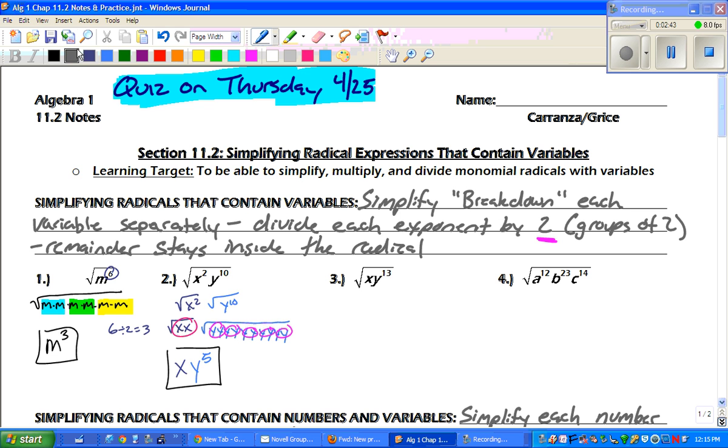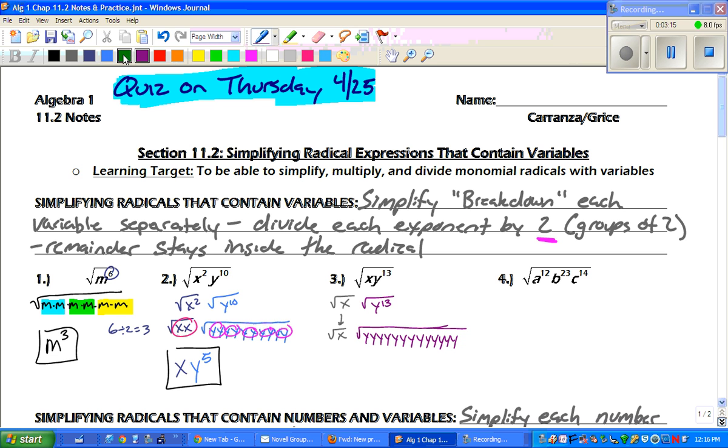But what happens if we don't have any groups? This first one, there's nothing. So I can't reduce it. It stays like that. But when we've got 1, 2, 3, 4, 5, 6, 7, 8, 9, 10, 11, 12, 13.